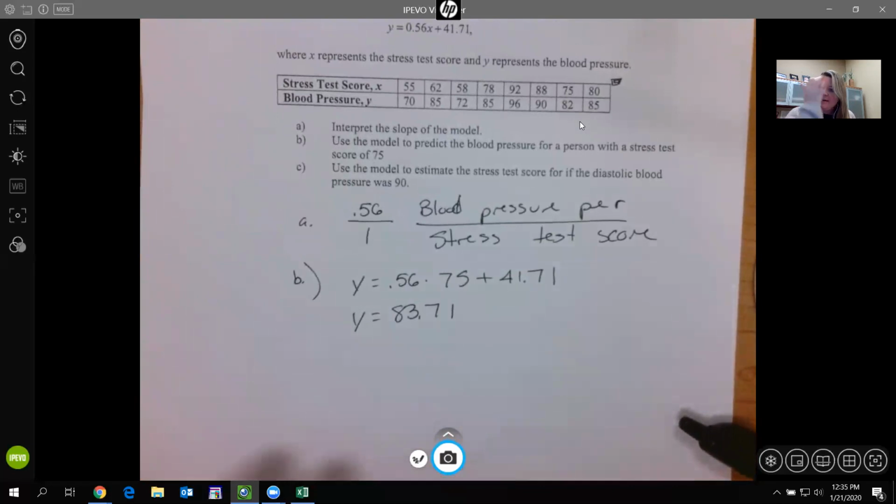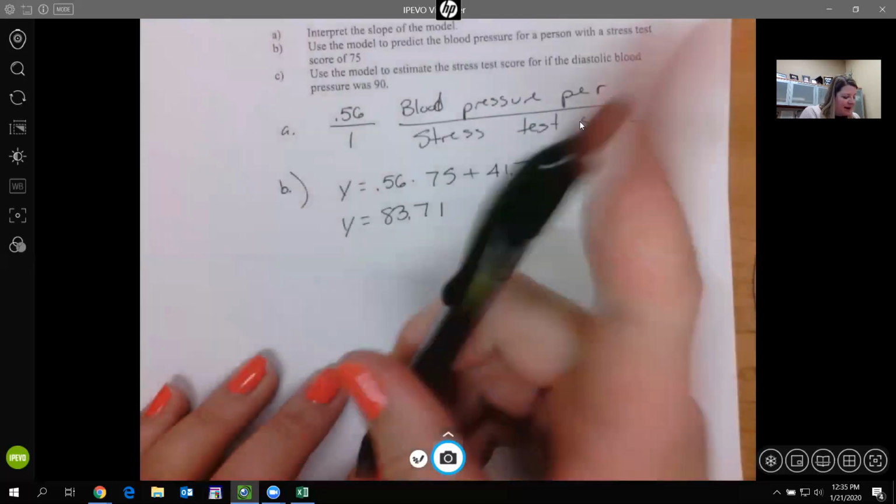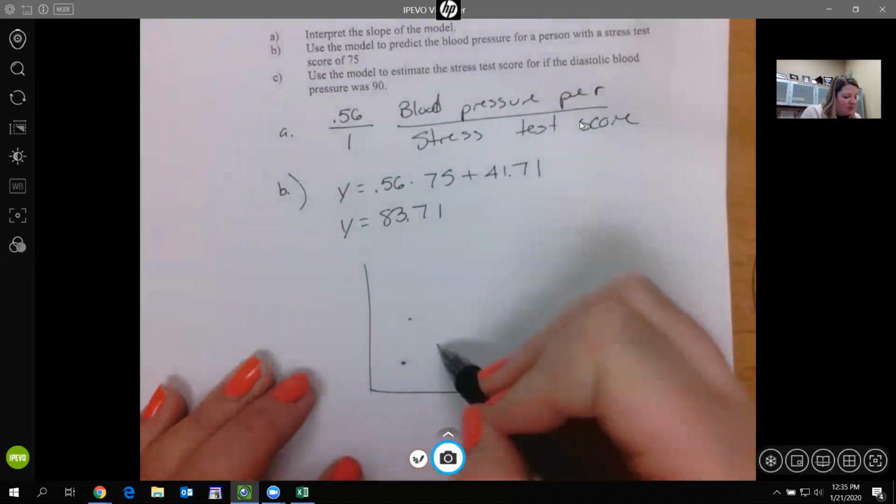Oh, I know what else I wanted to say before I leave. Another thing you could do is to do this by hand. Not as accurate, and your answers won't match. But you could make a scatter plot and draw your line of best fit. And then from your line of best fit, so like for this one, I'm not going to draw it exactly. These were my dots.